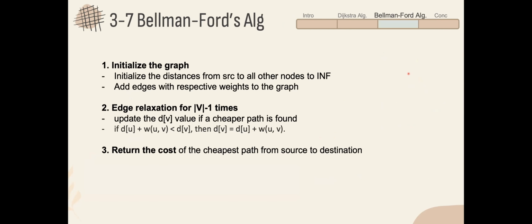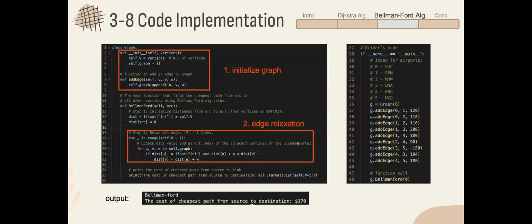So to sum up the Bellman-Ford algorithm, we start by initializing the graph, setting all distances to infinity, and then adding the edges to the graph. We do the edge relaxation for V minus 1 times, like we showed before, and we return the cost at last. This is the code implementation of the Bellman-Ford algorithm.